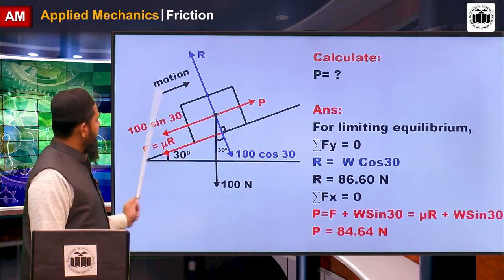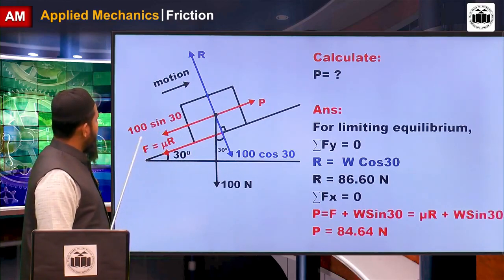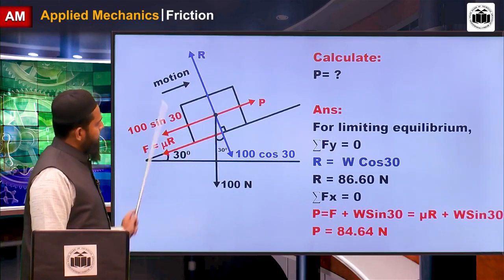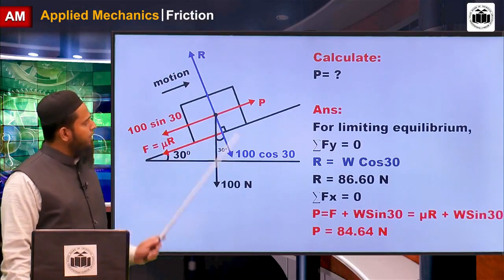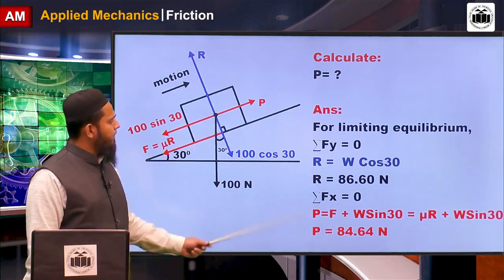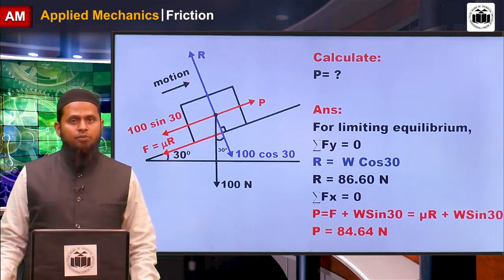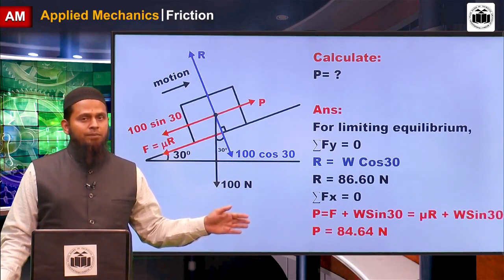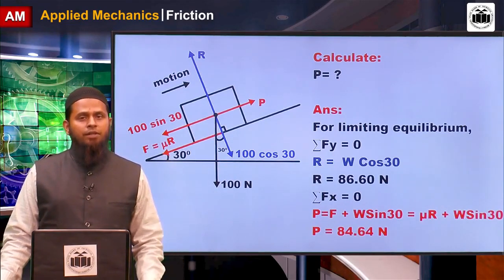Study the motion and draw the direction of frictional force F opposite to that motion. The pull force required just to start the motion in the upward direction is now 84.64. It means, from the previous problem, between approximately 15 and 84, there is no motion in the block.